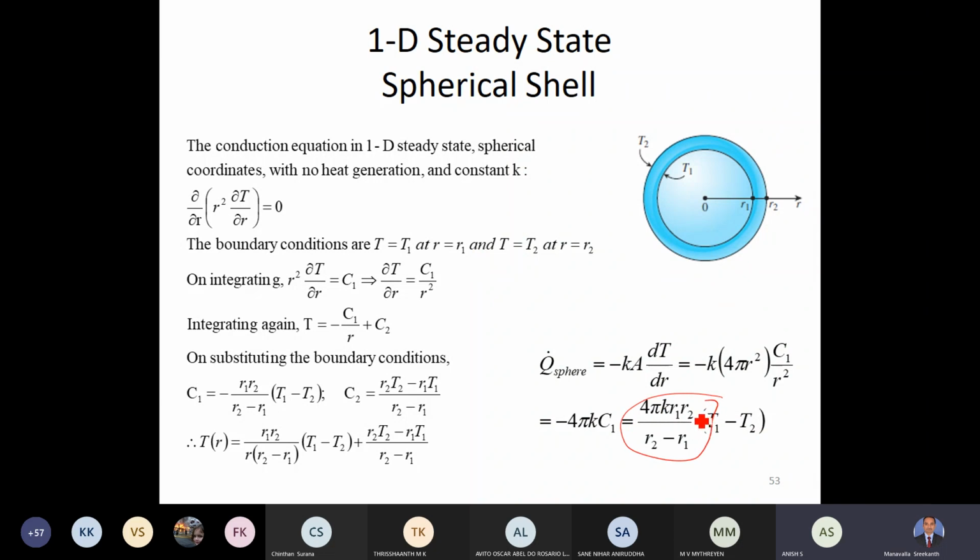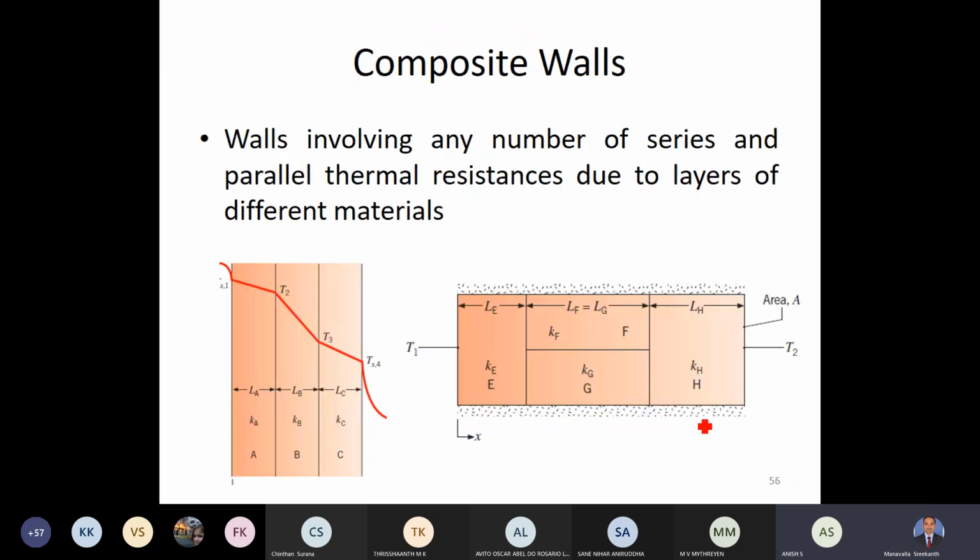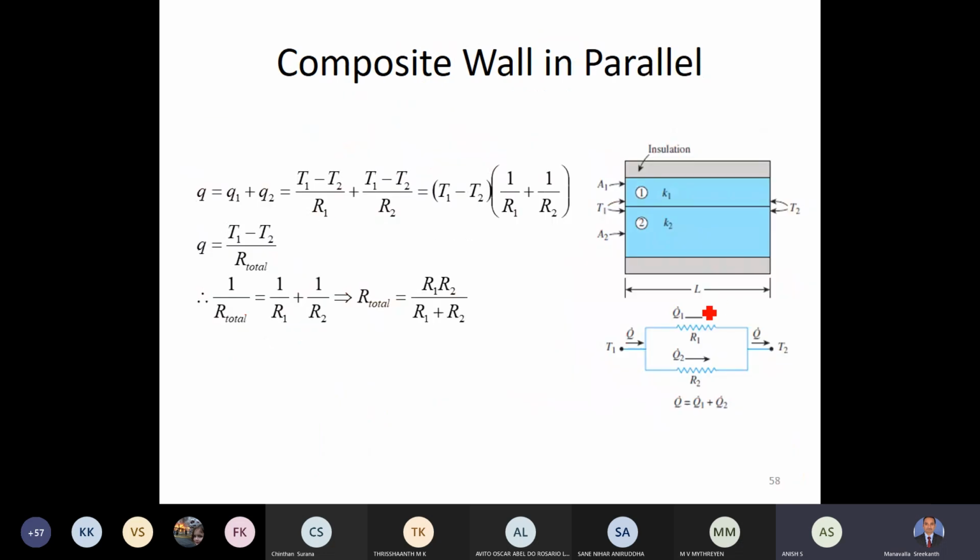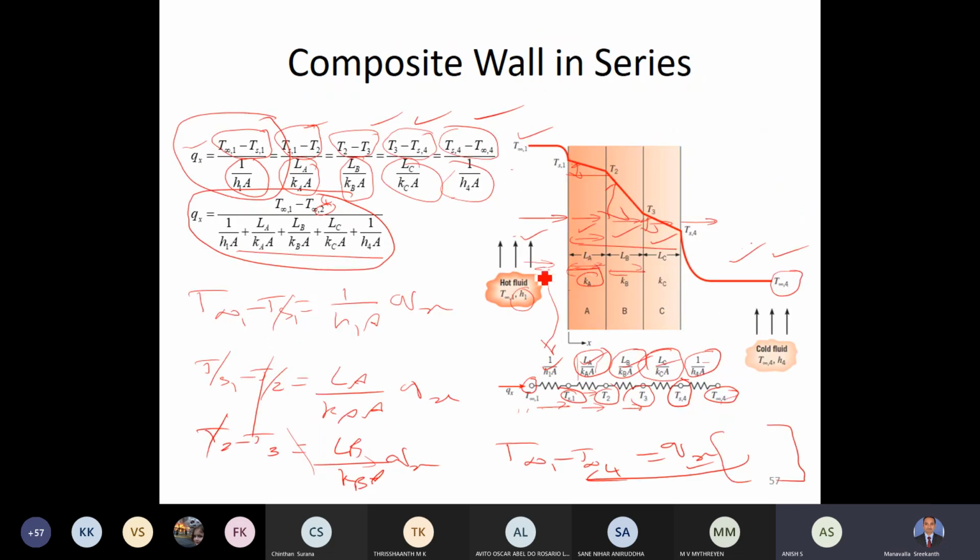Here the heat transfer is only across the solid wall, only one resistance. So this is the thermal resistance. Whereas in this case, we have 5 resistances. We have different solids and also different environments. So 5 resistances have been considered and all of them were used to find the net heat transfer across this particular composite wall, which is connected in series.